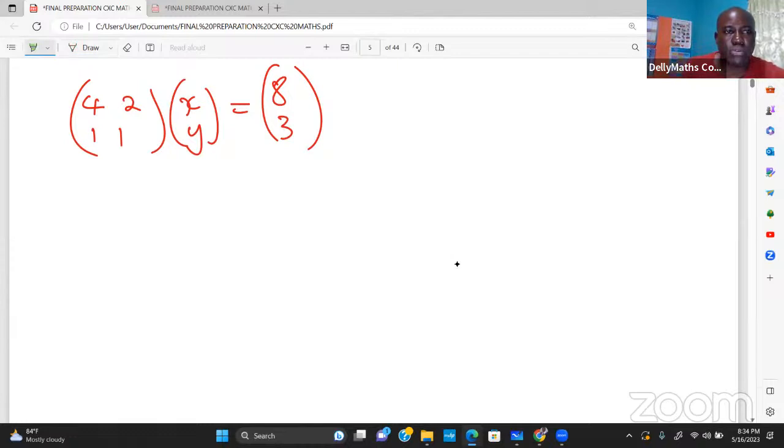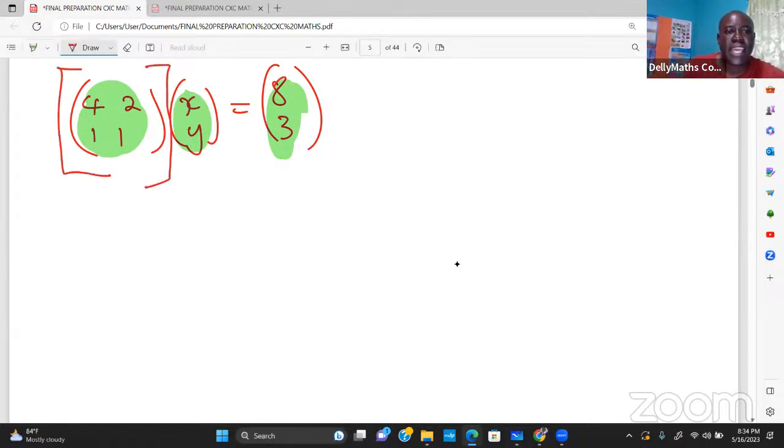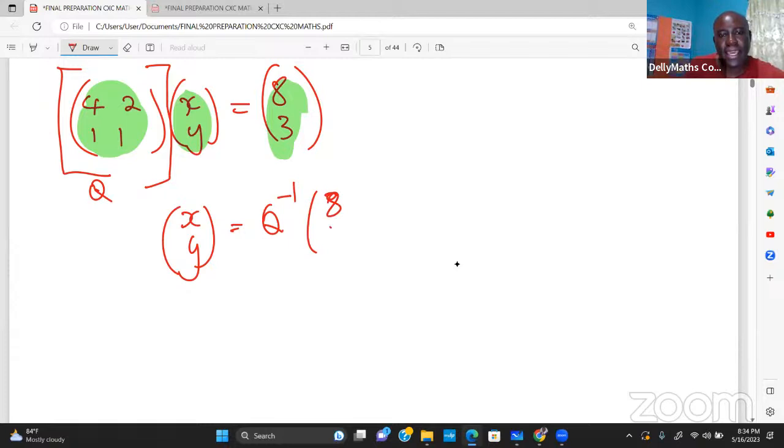If I have a 2 by 2 matrix here, and I have another matrix which is unknown, and it's equal to another matrix over here, all I have to do is use the inverse of this matrix, and we have the inverse already. So you take the inverse and put it here: Q inverse, because this is Q. Q inverse comes beside it, and you solve the problem.